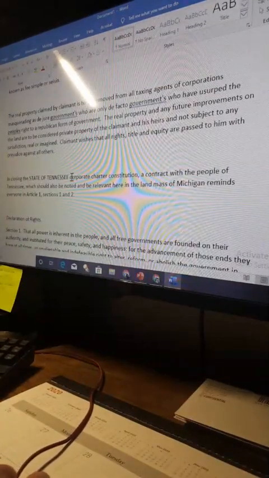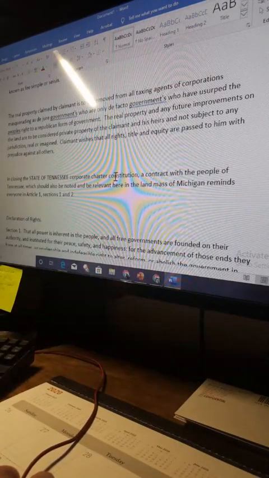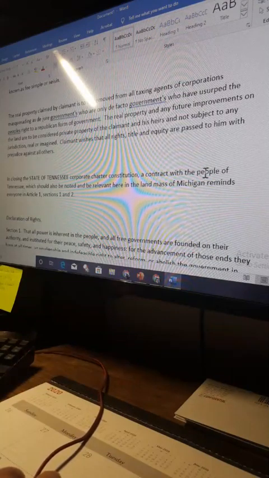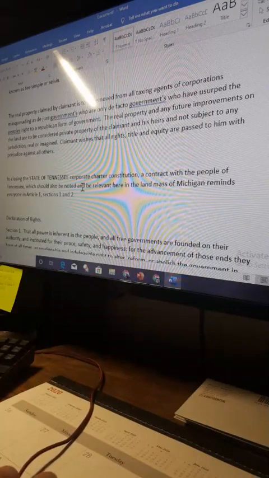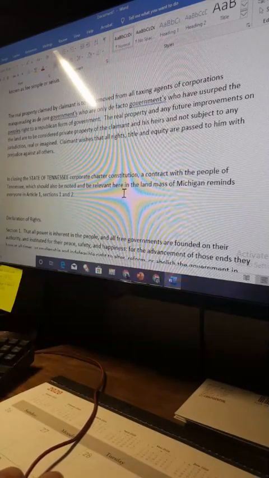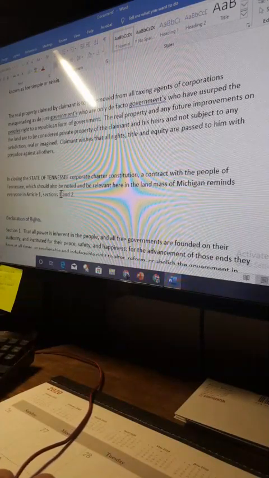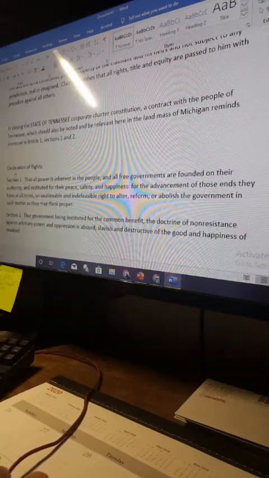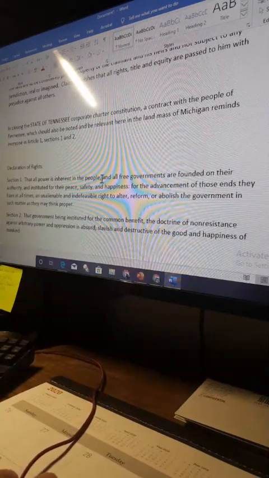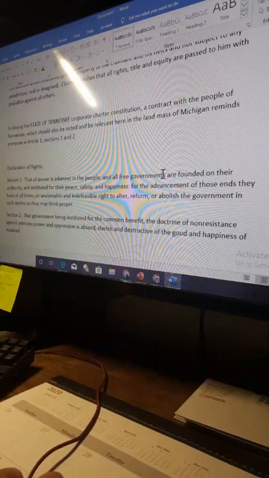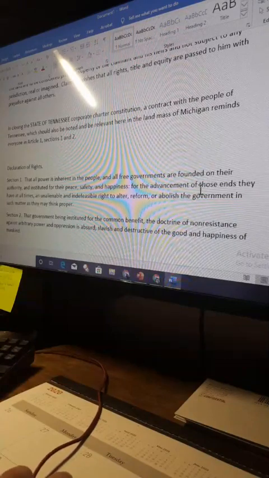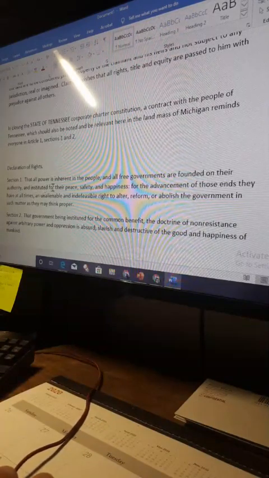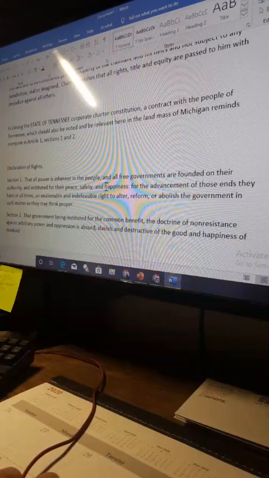In closing, the state of Tennessee Corporate Charter Constitution, a contract with the people of Tennessee, which should also be noted and be relevant here in the land mass of Michigan, reminds everyone in Article 1, Section 1 and 2, Declaration of Rights, Section 1, that all power is inherent in the people, and all free governments are founded on their authority and instituted for their peace, safety, and happiness.